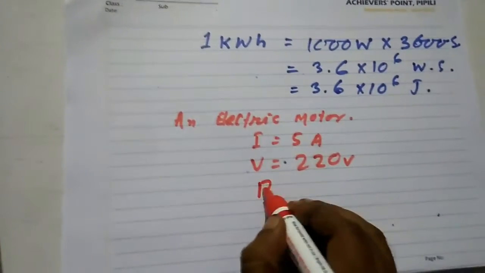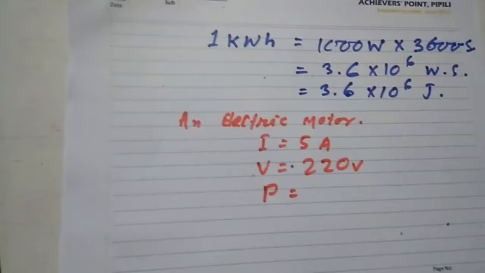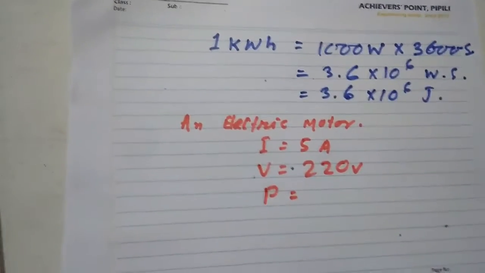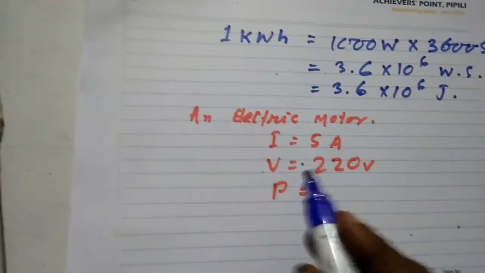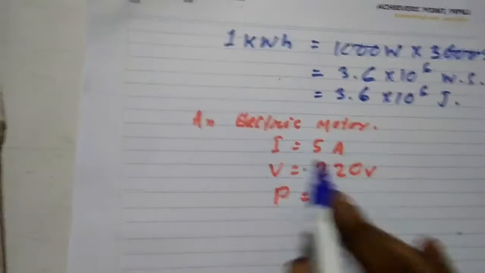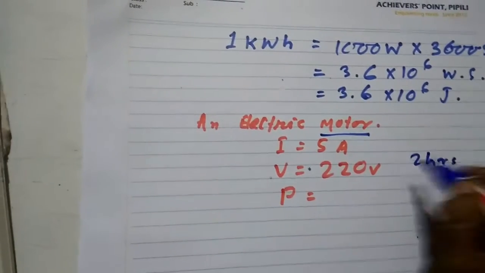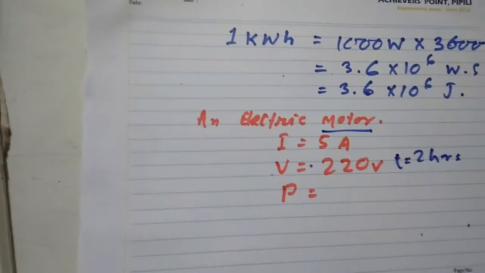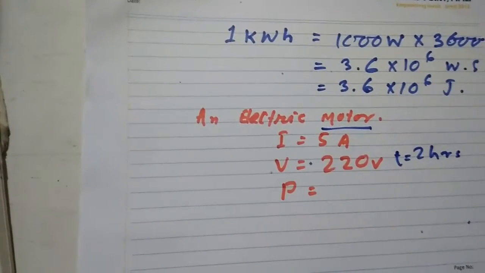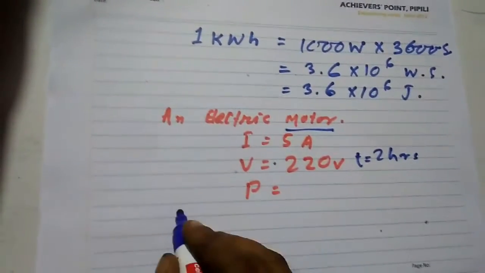So we need to find the power and the energy consumed. The time is given: this electric motor runs 2 hours a day, so the time is 2 hours. We need the energy consumed over the entire month of 30 days.